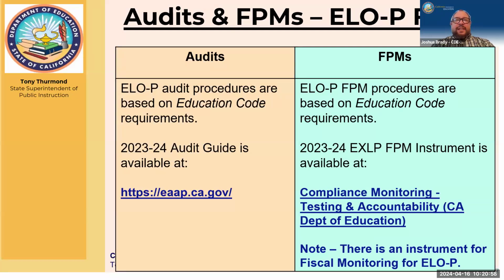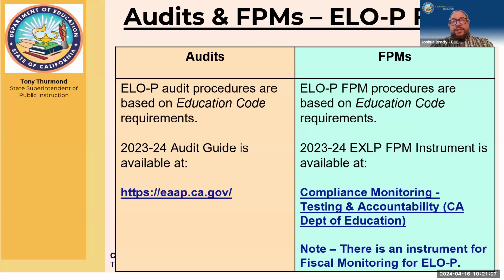Again, this isn't anything new. I'll provide you an example. Previously, when 21st Century was being reviewed, let's just say I was in the field. I may get a call from a fiscal monitor that was reviewing a completely different LEA. Expanded learning wasn't being reviewed, but the fiscal was being reviewed. What the fiscal was reviewing was all the title programs, and included in those title programs was Title IV Part B, which is 21st Century.